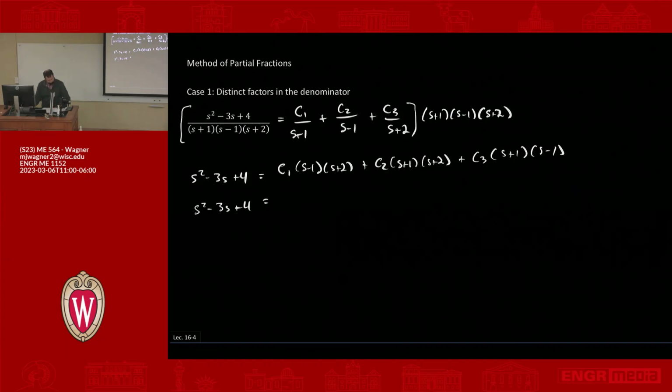OK, so we have c1 times s squared plus s minus 2. Did I do that wrong already? c1 times s squared plus s minus 2, plus c2 times s squared plus 3s plus 2, plus c3 times s squared minus 1.